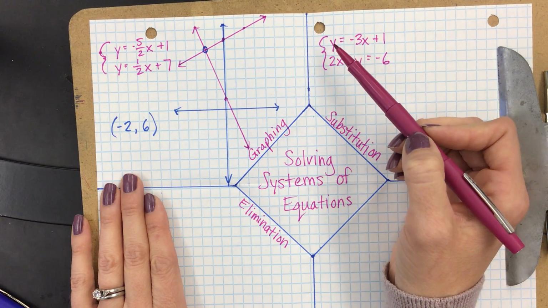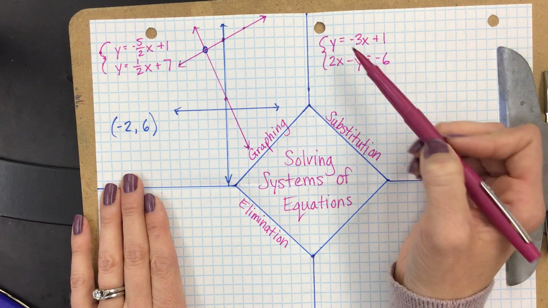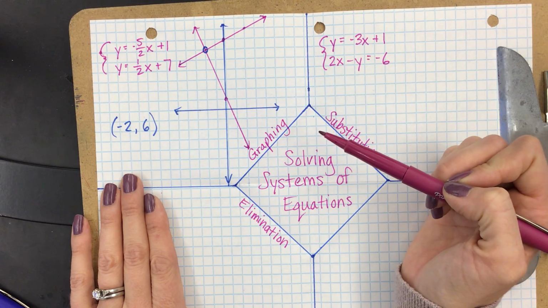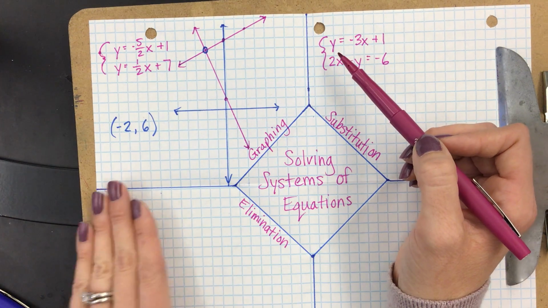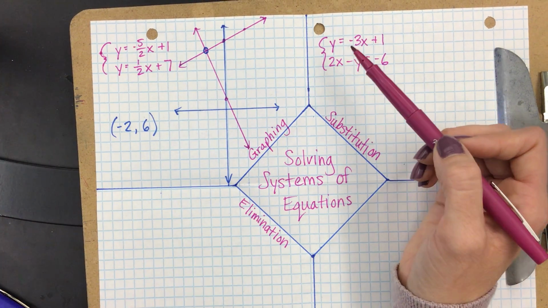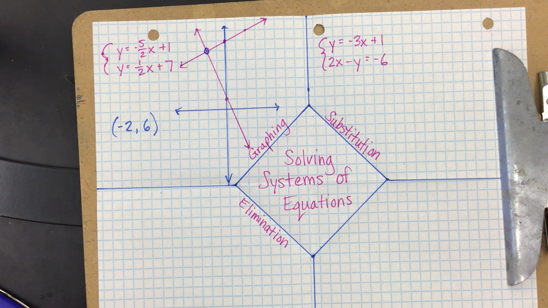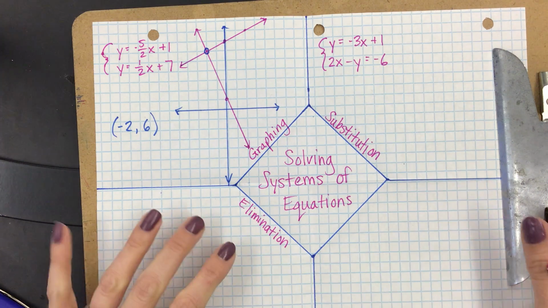This is solved for y right here. So it'd be super easy just to plug this in and solve for x. It even could be an equation that could be easy to solve for a variable. So if you have an equation that's not in this form, but you could quickly and easily solve for a variable, then you can use this method. Okay, so let's do it.